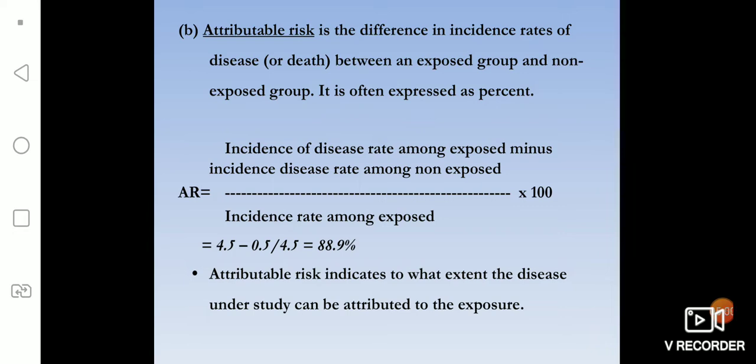Taking the previous values of the table, it becomes 88.9%. That is, attributable risk indicates to what extent the disease under study can be attributed to the exposure.